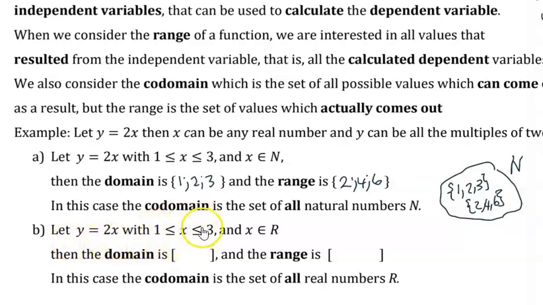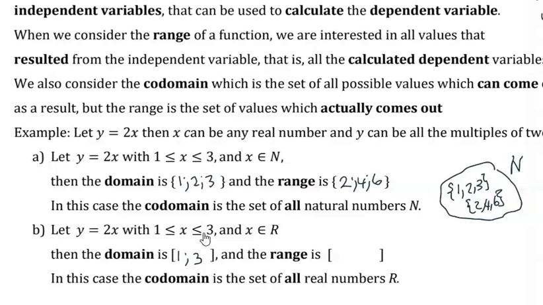I keep the restrictions the same, but only change it so x is an element of R. Now, the x's here can be 1.1, 1.03, 2.1, 2.7, 2.5, 2.99, etc. So everything in between 1 and 3, 1 and 3 included, and that we indicate as an interval with square brackets, and we've dealt with that in theme 1 where we did set notation.